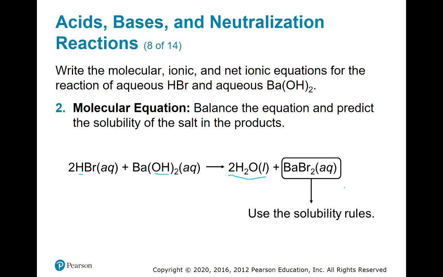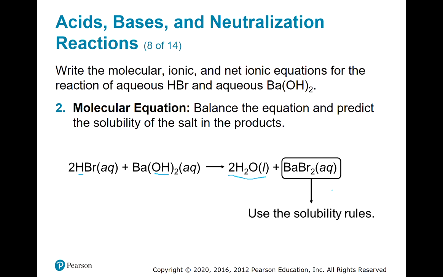Most compounds with bromide ions, like chloride or iodide, are going to be soluble. There are a handful of exceptions to that, but barium is not one of those exceptions. So since barium bromide is soluble, we're going to keep this as aqueous as opposed to being solid like it would be if we formed an insoluble salt.